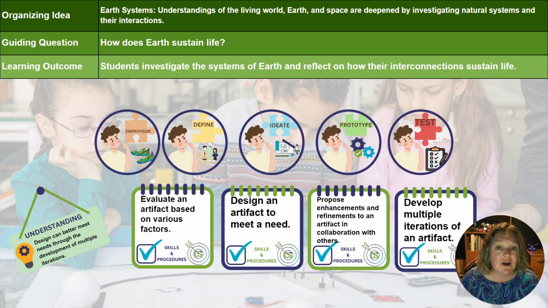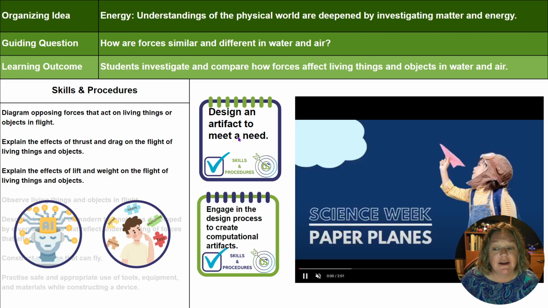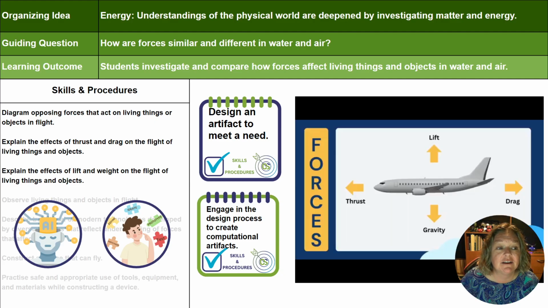So we give them these opportunities when they're creating projects for us, and they're going to be working that design process, which really develops good critical thinking and problem solving skills as well as meeting this computer science content. Let's have a look at how energy specifically could be connected into computer science in some ways by having a look at those skills and procedures.